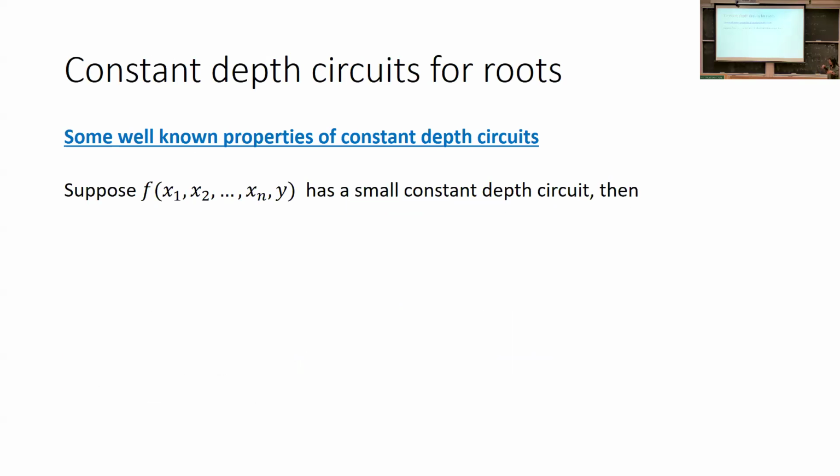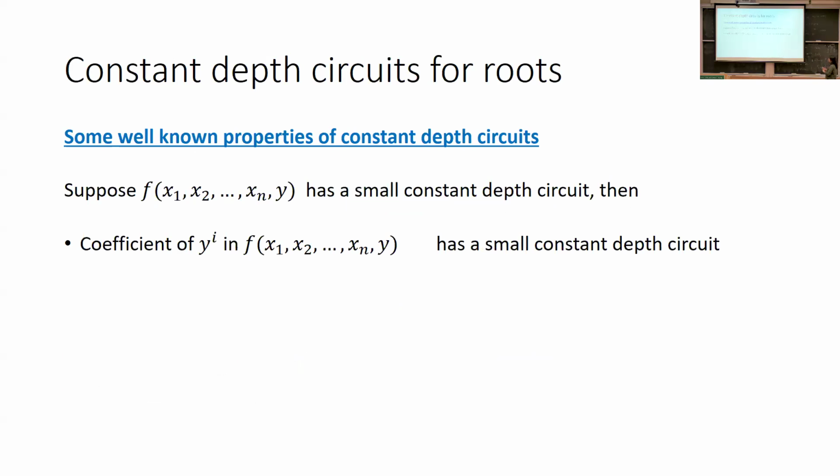Now I want to show you that if you use Furstenberg's formula, and if your original polynomial is constant depth, why are roots constant depth? For that, let me tell you some things that one can do in constant depth circuits. I won't prove it, but these are some nice operations that constant depth circuits can do. If you have a polynomial f which is a small constant depth circuit, then the coefficient of y to the I in the polynomial f, which is some polynomial in the x variables, you can extract as a small constant depth circuit using some kind of polynomial interpolation.